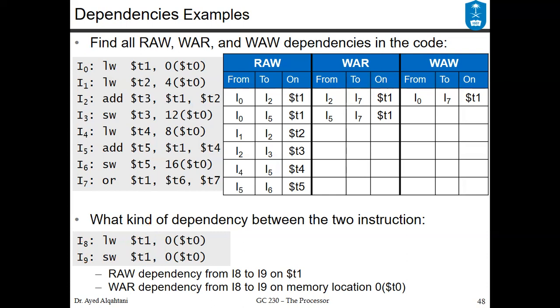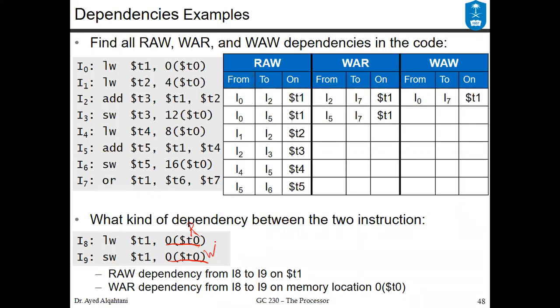There is also another dependency between this and this. So here in the load, you are reading. And in the store, you are writing to this memory location. So there is a WAR dependency from I8 to I9 on memory location T0. But in our hardware, we only care about registers, not memory locations. So differentiate between registers and memory locations.